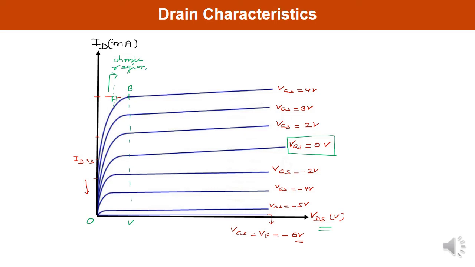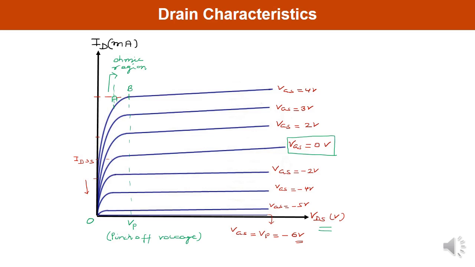At this point B, the channel width is reduced to a minimum value, and this is known as the pinch off voltage. So pinch off voltage is that drain to source voltage at which channel pinch off occurs.